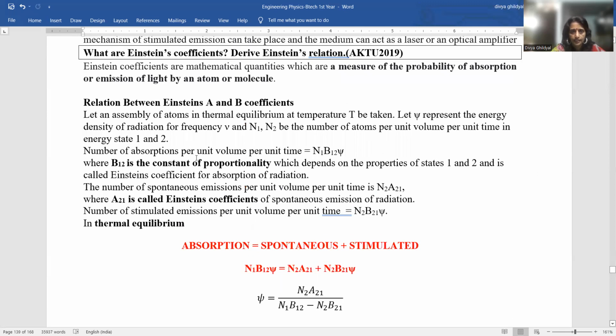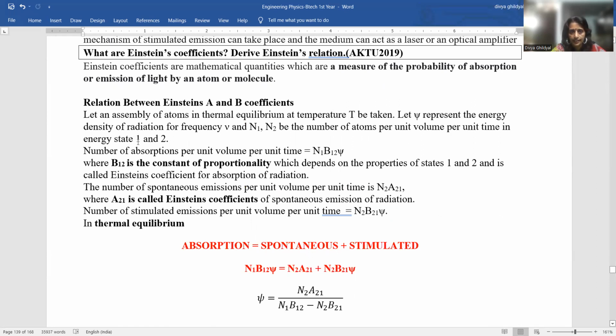Now another easy way: let the assembly of atoms in thermal equilibrium at temperature T be taken. Let phi represent the energy density of radiation for frequency mu, and N1, N2 be the number of atoms per unit volume per unit time in energy states 1 and 2.